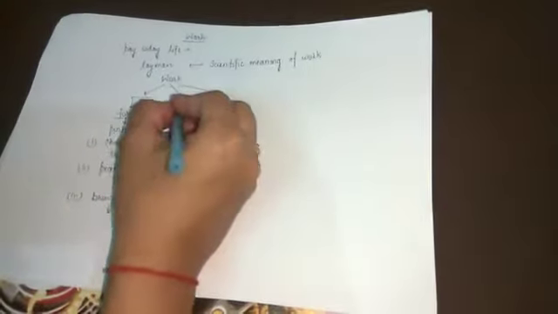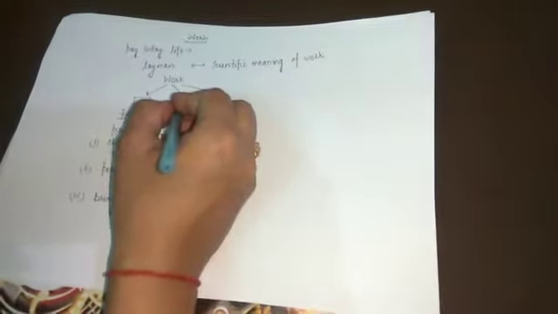So I can explain force by these terms: force in the form of push and pull either changes the direction, produces motion, brings the body to rest or tries to do so.